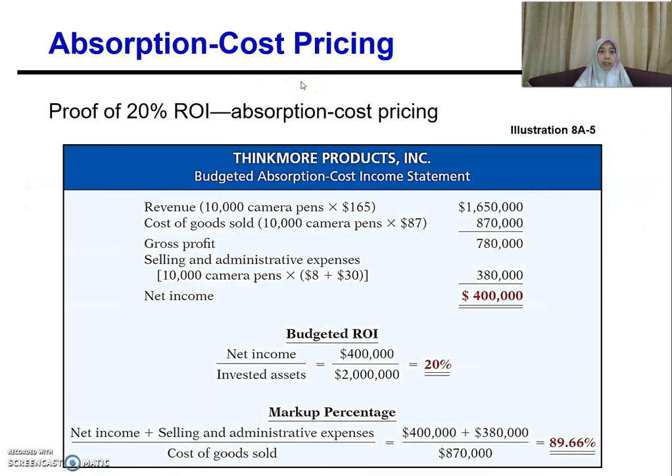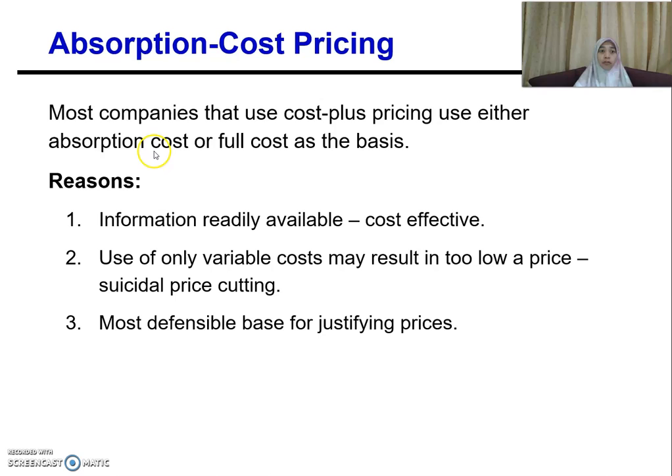For absorption cost pricing, most companies that use cost-plus pricing use either absorption cost or full cost as the basis. Absorption cost, as we saw just now, is the total of your manufacturing cost, while full cost means you take all your fixed and variable costs. The reasons: information is readily available, so it is more cost effective.